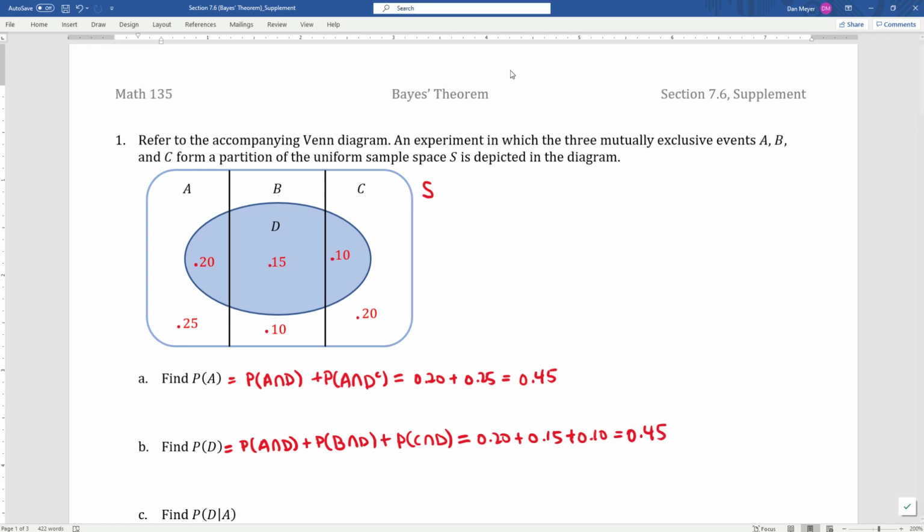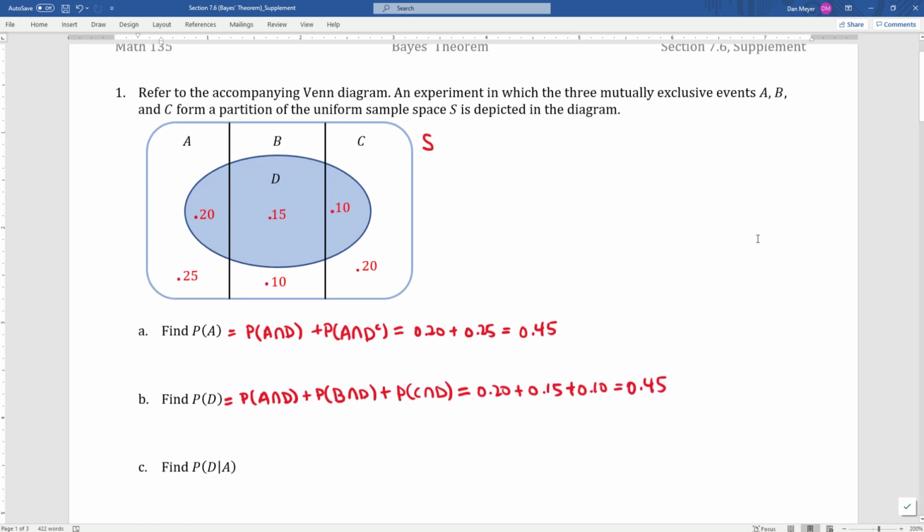The probability of D given A, we can use our basic conditional probability formula. That would be the probability of D and A divided by the probability of A. The probability of D and A is 0.20.